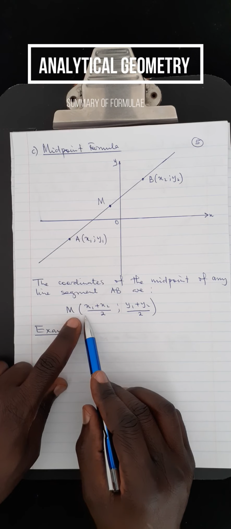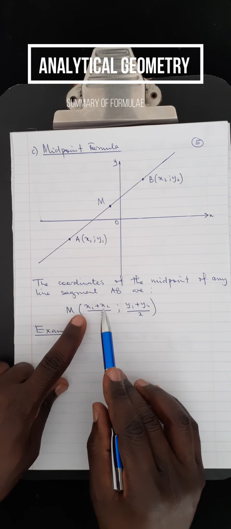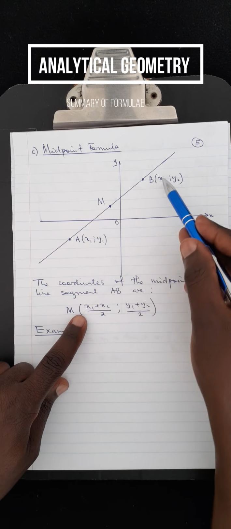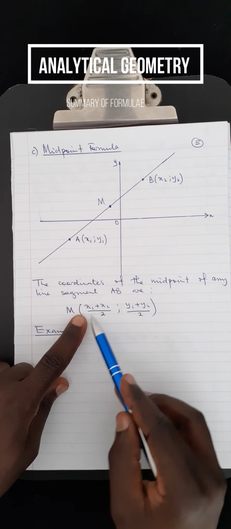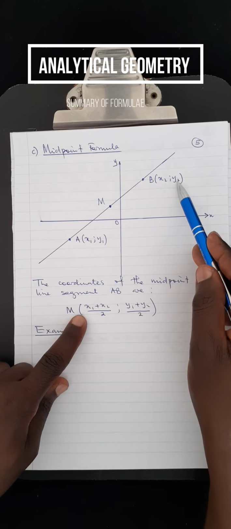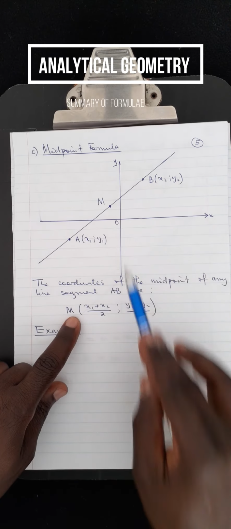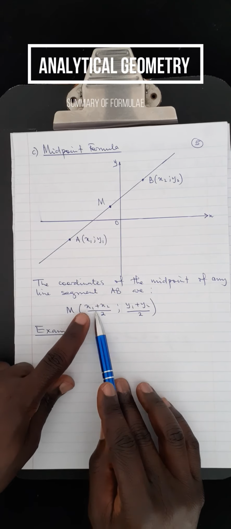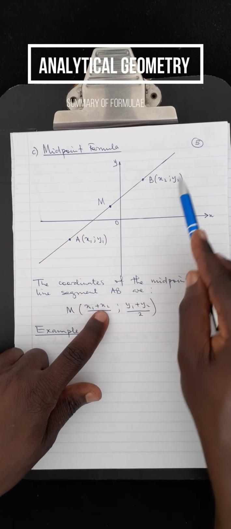To find the coordinates of the midpoint, we add the x coordinates and divide by 2: (x1 plus x2) over 2, and then (y1 plus y2) over 2. So find the average of these two, and then you get the midpoint for the x coordinates, and then y1 plus y2 divided by 2.